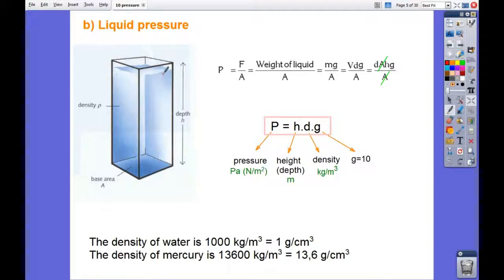As you can see here, we have a container filled with water, and that water has a density of rho, a depth of h, and a base area of A. We would like to find the pressure at the base by using the solid pressure concept.